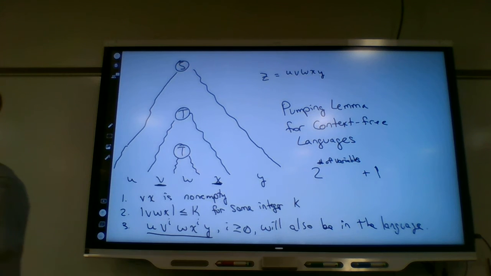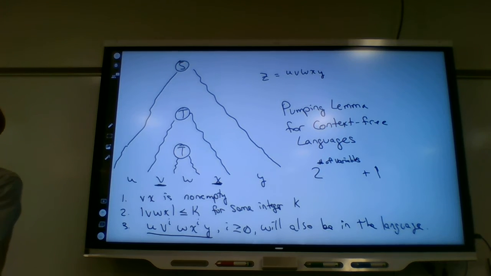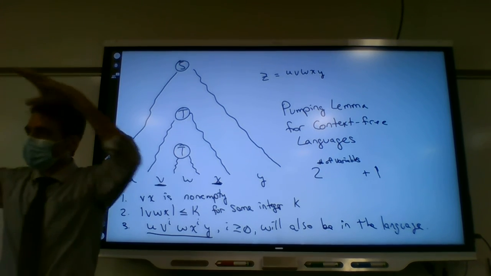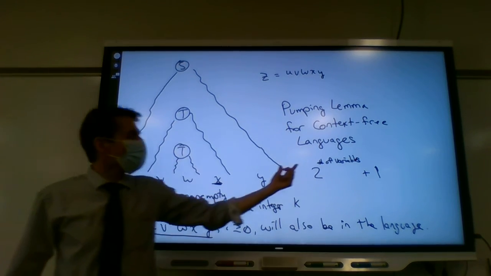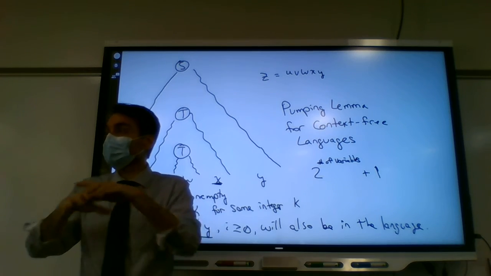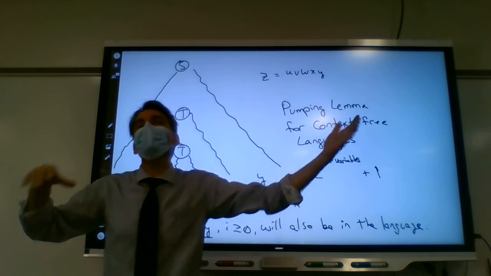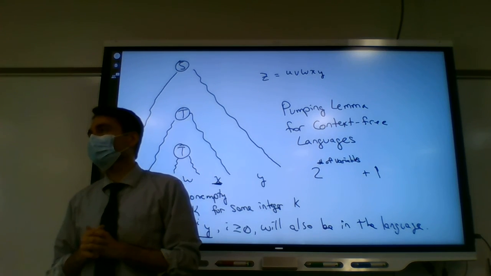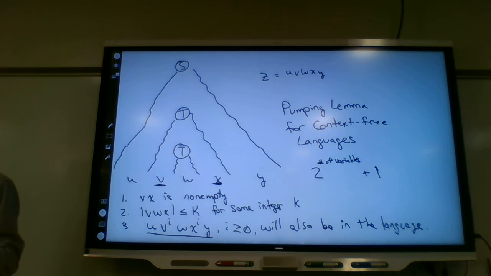So if your string is longer than that, then you are repeating some variable, right? That's because with the binary tree, if you have this many variables, you can create 2 to that many leaves for the tree. So if you have one more thing to generate, you have to reuse one of the variables that you already had. These might be very, very long strings before this kicks in.